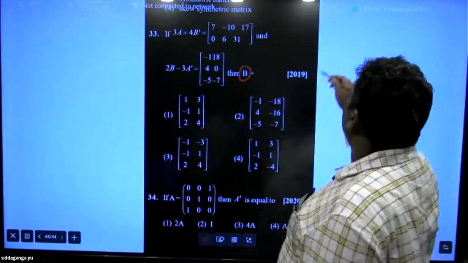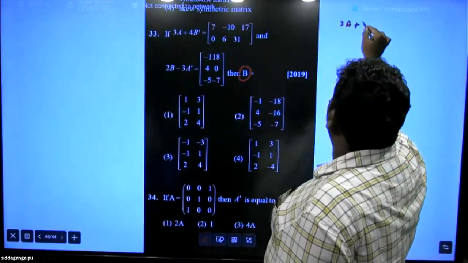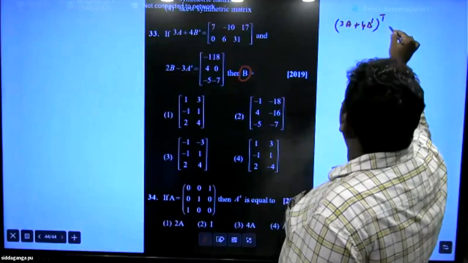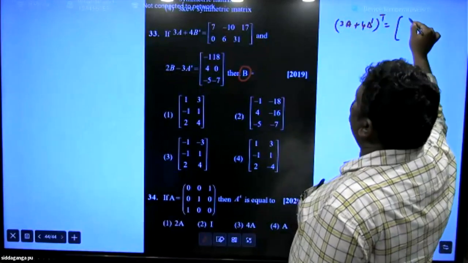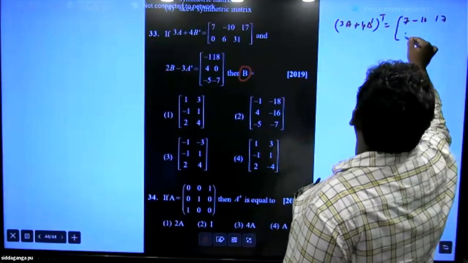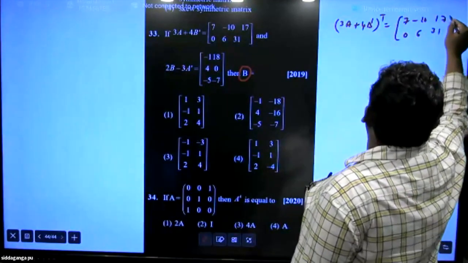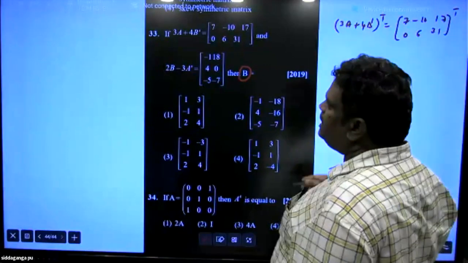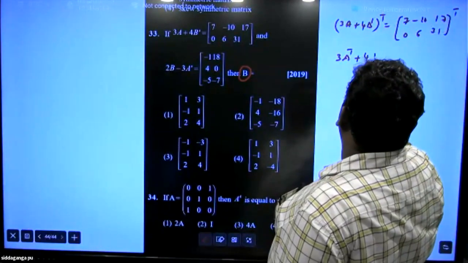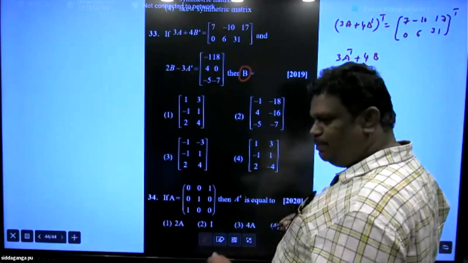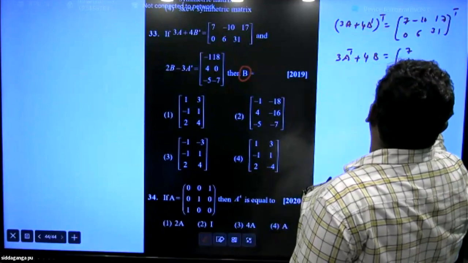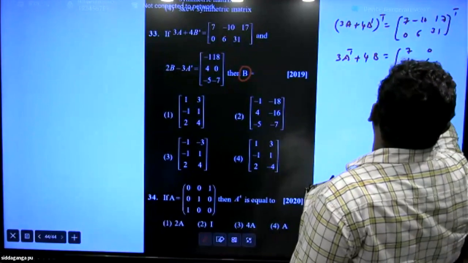How to eliminate the A value: first we apply the transpose of the given matrix. B transpose whole transpose is equal to, we write the transpose of 7 minus 10 17 and again 0 6 31. When we apply the transpose, 3 into number, 4 into number, B transpose whole transpose is nothing but B. So that is equal to 7 minus 10 17 0 6 31.